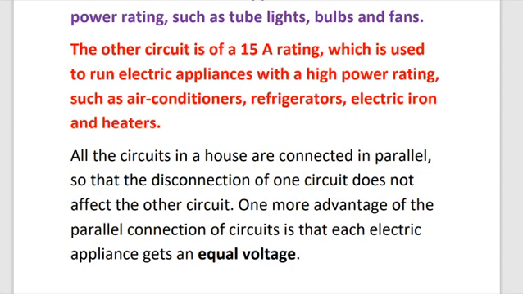It should be noted that all the circuits in the house are connected in parallel, so that the disconnection of one circuit does not affect the other circuit. One more advantage of the parallel connection of circuits is that each electric appliance gets an equal voltage. That is very important. In our country, the alternating current potential is 220 to 230 volts. So every appliance gets equal voltage when it is connected in parallel.